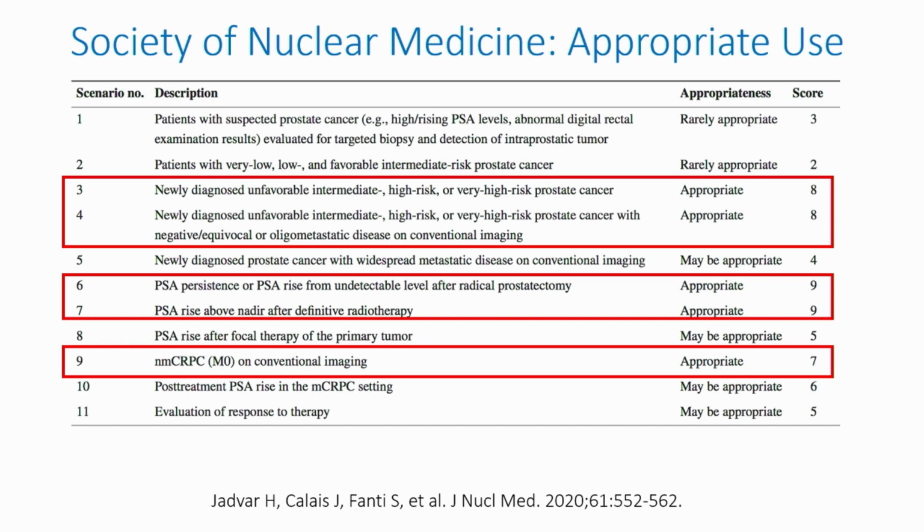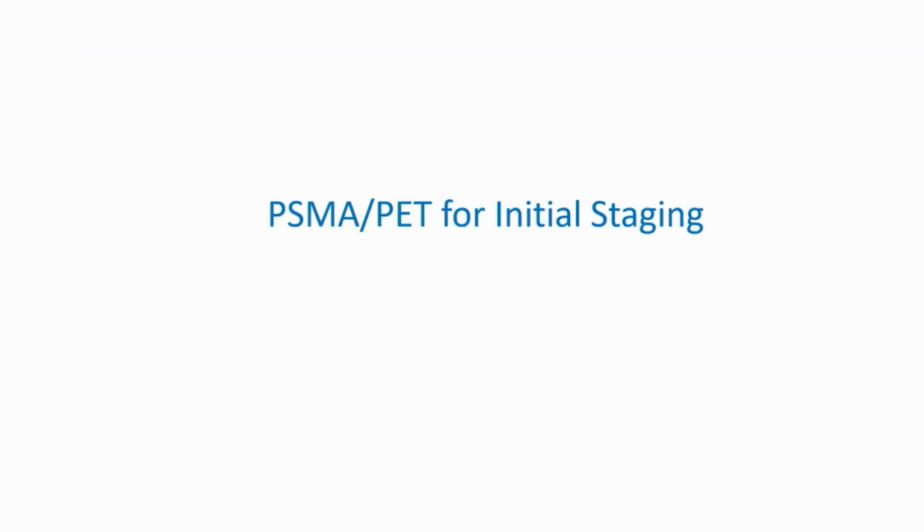It's appropriate for PSMA persistence or PSA rise from undetectable level after radical prostatectomy, if there's a PSA rise above the nadir after definitive radiotherapy, and in non-metastatic castrate-resistant prostate cancer on conventional imaging. So as you can see, there are strong similarities across, but there are some minor differences across the bodies. So now we're just going to go into PSMA PET for initial staging and just look at some of the initial studies.